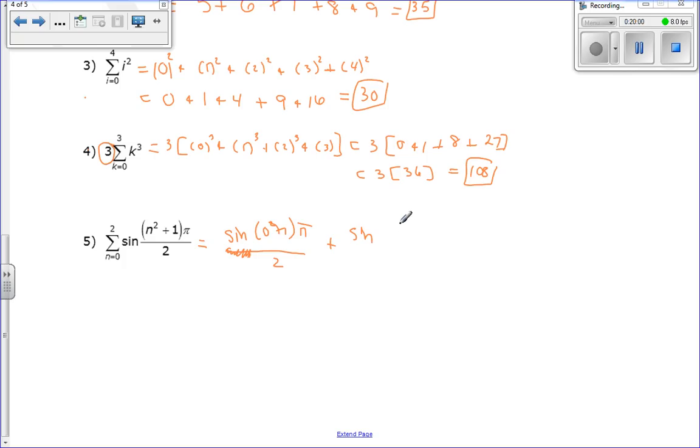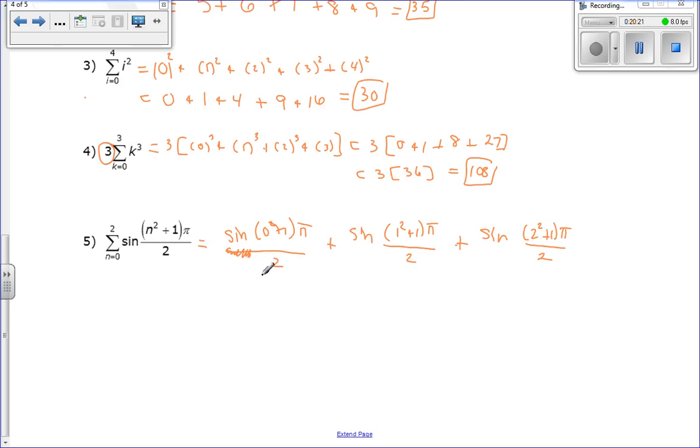The sine of 1 squared plus 1 pi over 2, plus the sine of 2 squared plus 1 pi over 2.